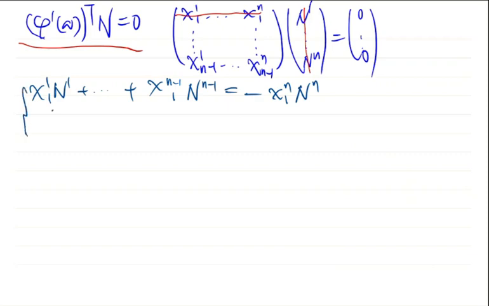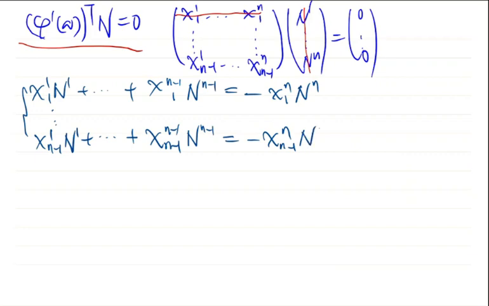Similarly, we have the other equations. The last equation is x_{n-1,1} N_1 plus ... plus x_{n-1,n-1} N_{n-1} is minus x_{n-1,n} N_n. This is the result of the last row of the matrix multiplying the vector N_1 to N_{n-1}, and then moving the last term on the left hand side to the right hand side.